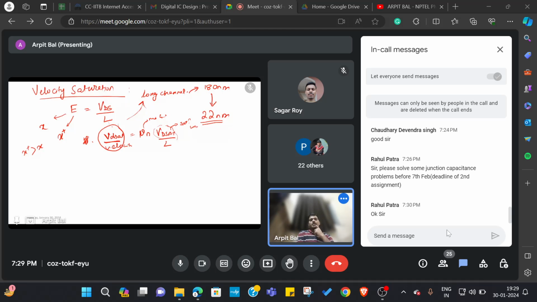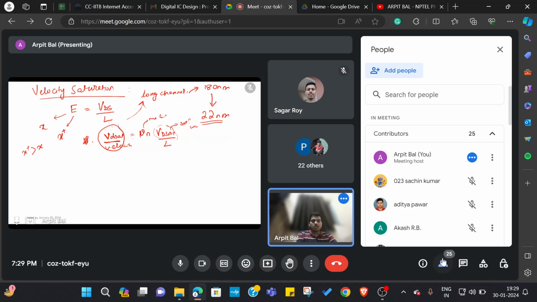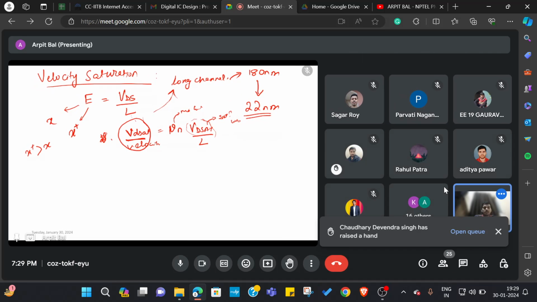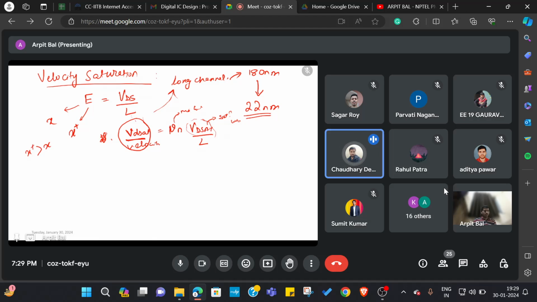Yeah, Devendra. Sir, my doubt is that we found out the linear and saturation regions, and also we compare the voltage with the velocity, but both are different units. How is it possible to compare voltage with velocity?